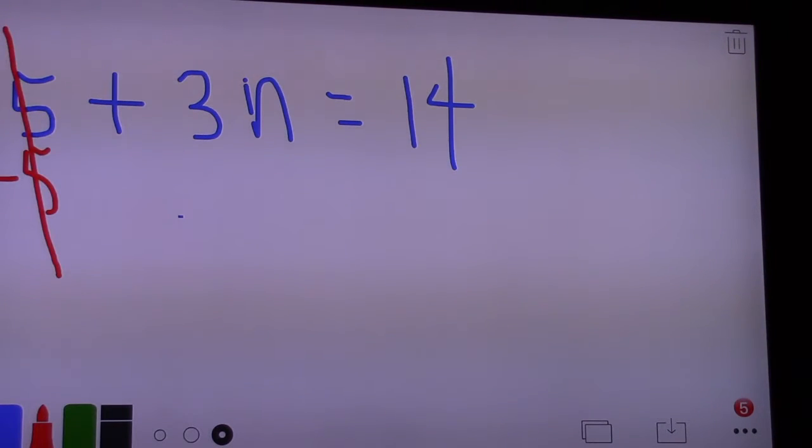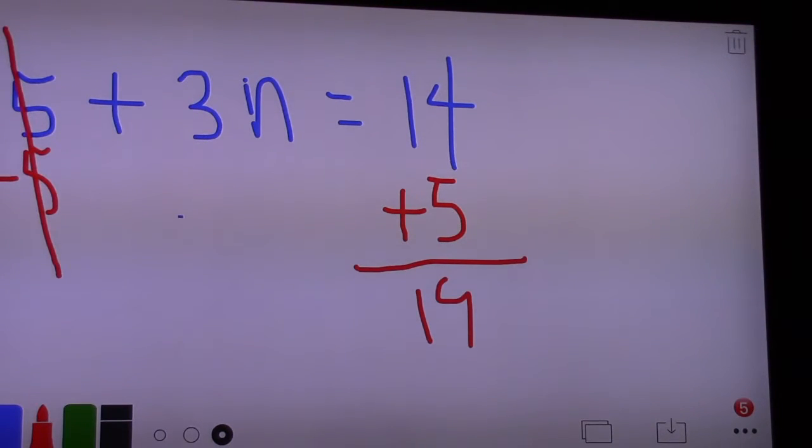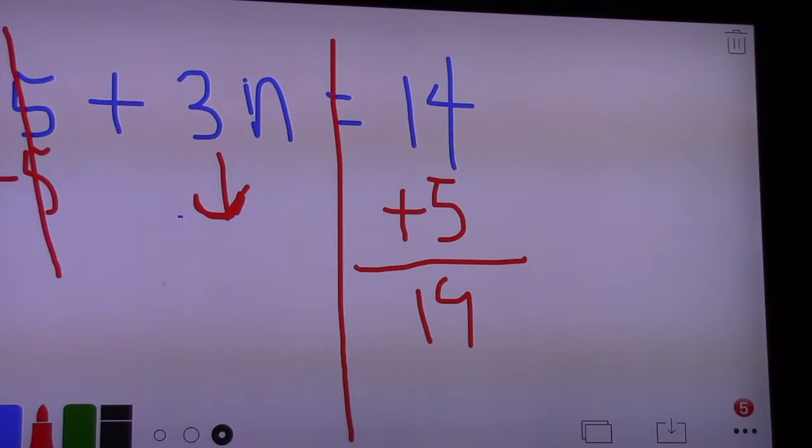And now I go over to the other side and I have to add the 5 back in. Now 14 plus 5 is 19. And so when I carry my equal sign down, I drop the 3n down, and I'm left with 3n equals 19.